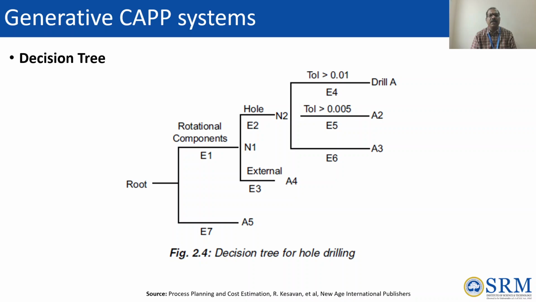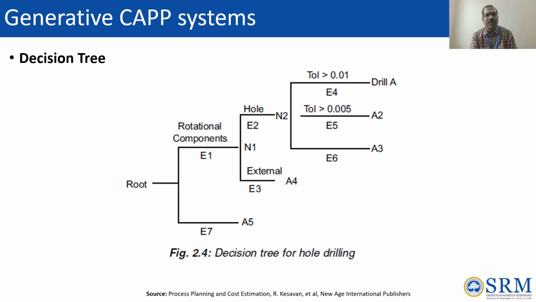Then we need to make a decision: either it is a rotational component or a non-rotational component. If it is a rotational component, we go for process E1, and if not, we go for E7 and the next node, which is another process for non-rotational components and their machining.